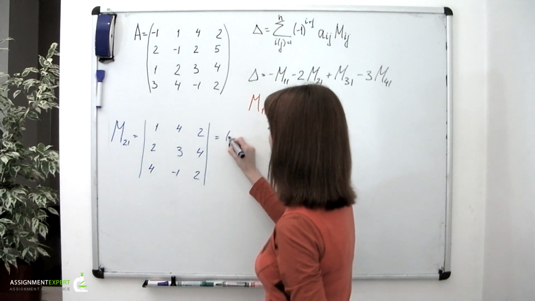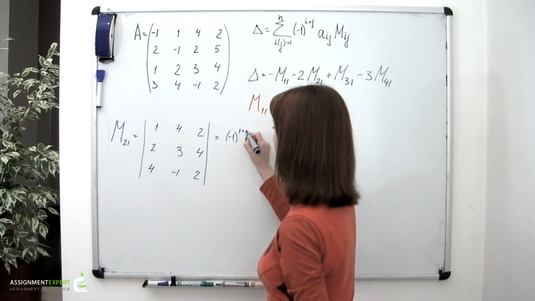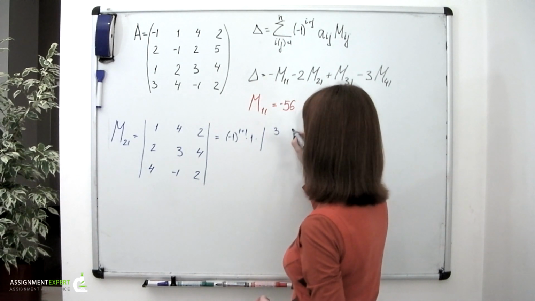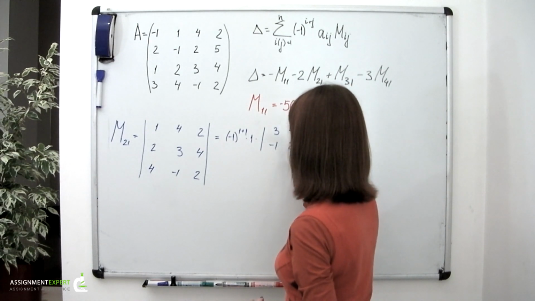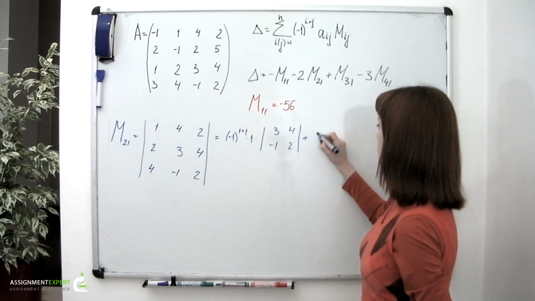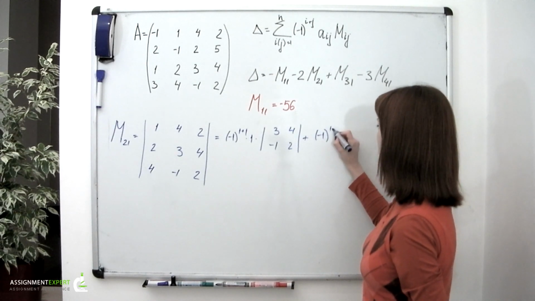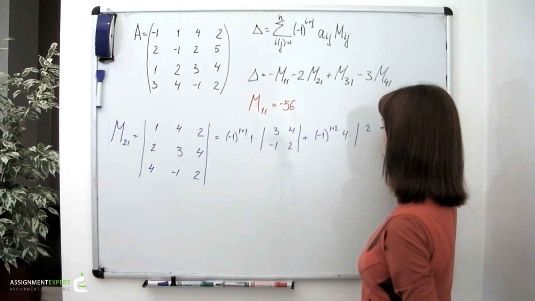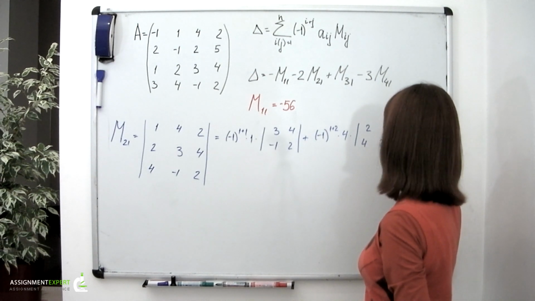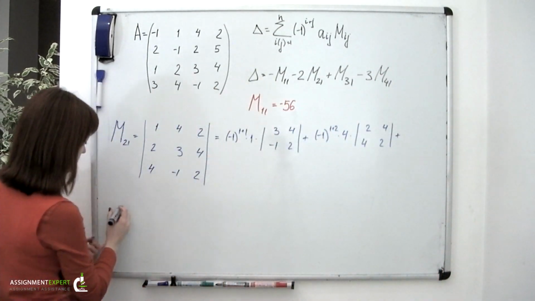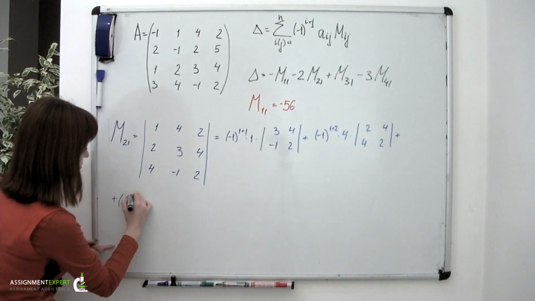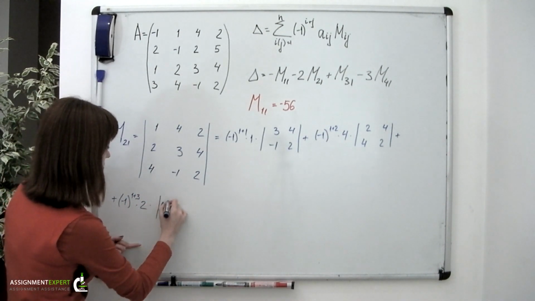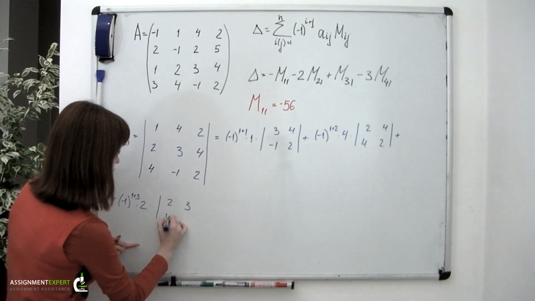So we have negative 1 to the power of 1 plus 1 times 1, and times the determinant of 3, 4, negative 1, 2, plus negative 1 to the power of 1 plus 2 times 4 times the determinant of 2, 4, 4, 2, and plus negative 1 to the power of 1 plus 3 times 2 and times the determinant of 2, 3, 4, negative 1.